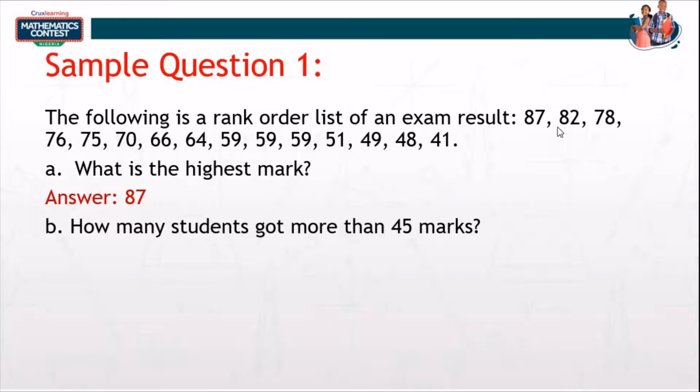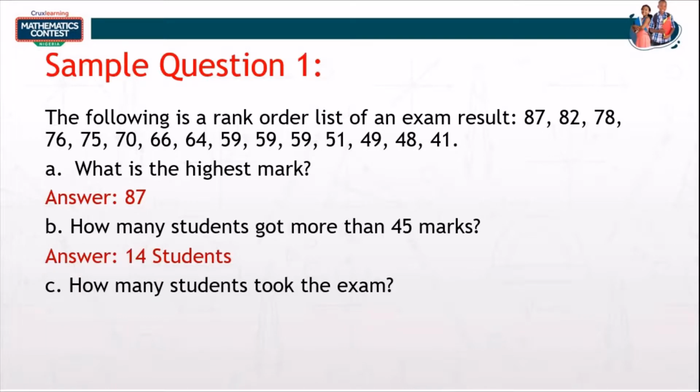So let's count 1, 2, 3, 4, 5, 6, 7, 8, 9, 10, 11, 12, 13, 14. Yes, 14 students. Good. Next, how many students took the exam? Since we have only one that is less than 45, the easiest way to go is to just add that one here, and we have 15. Okay, so 15 students took the exam.